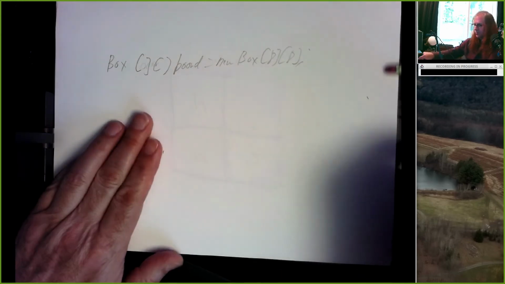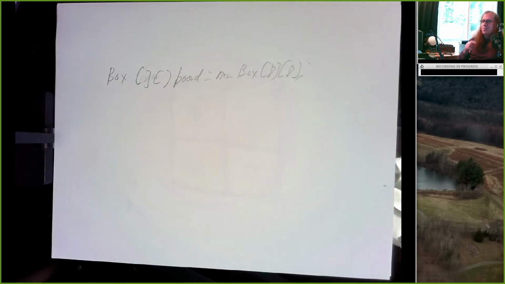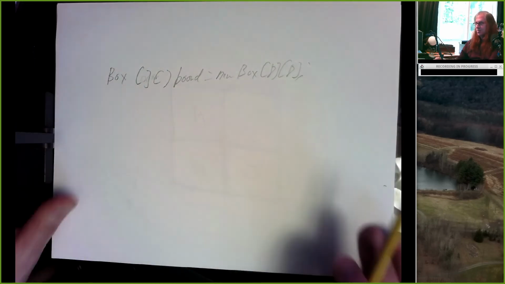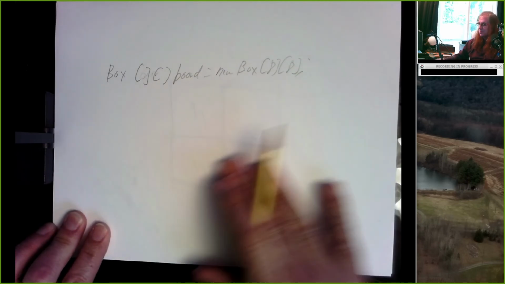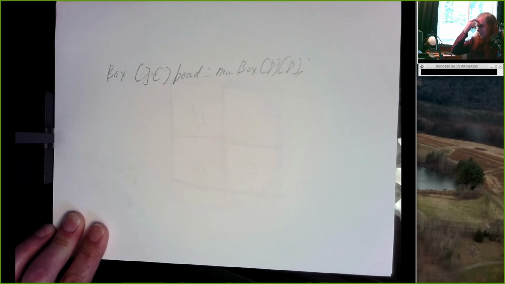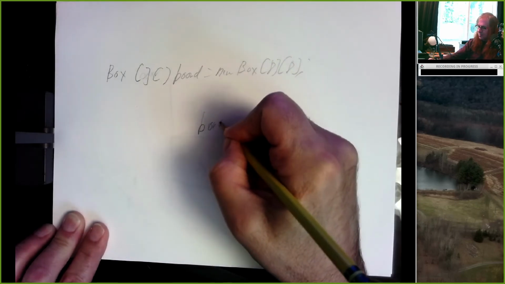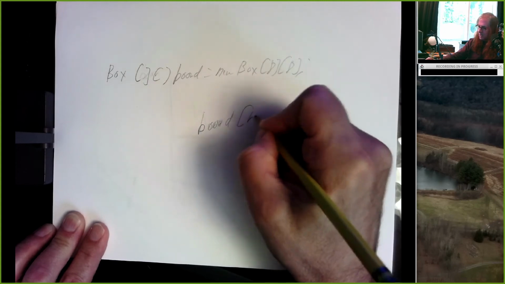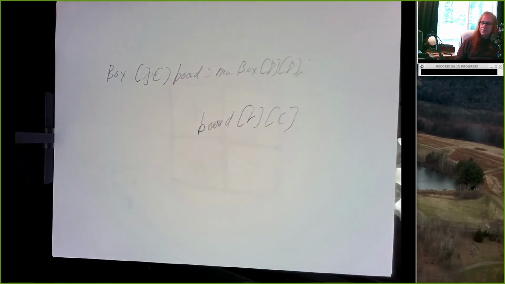Maybe it's not technically a 2D array, but in C we don't even have arrays. They're just pointers, so it's an array of pointers. But this is typically what I mean by a 2D array. So we can say board, bracket row, bracket column, and that's going to be a box. Okay, yeah.